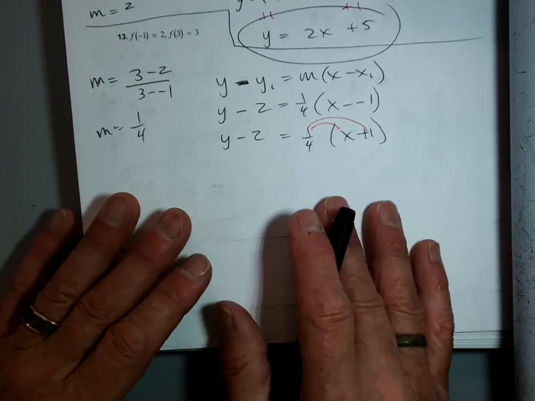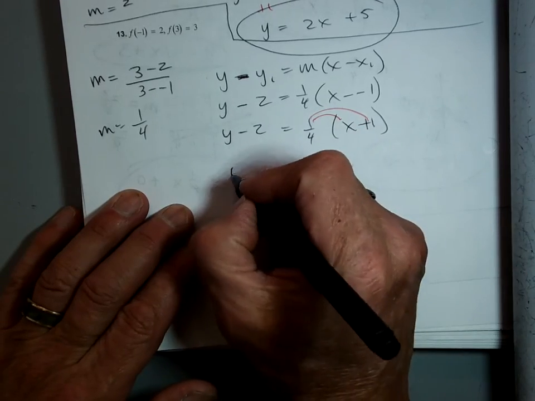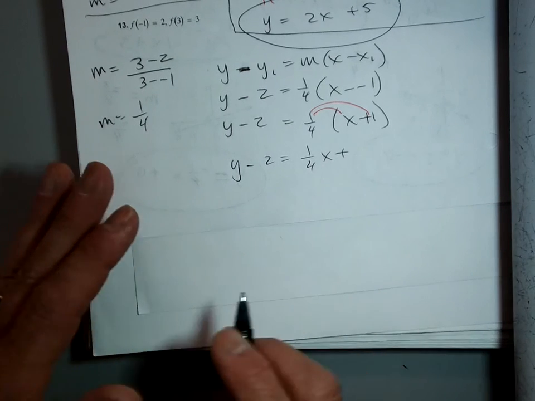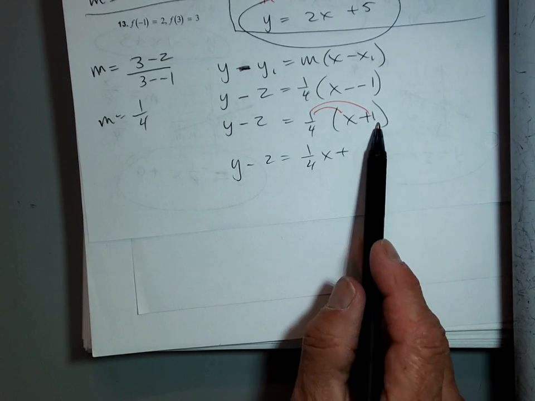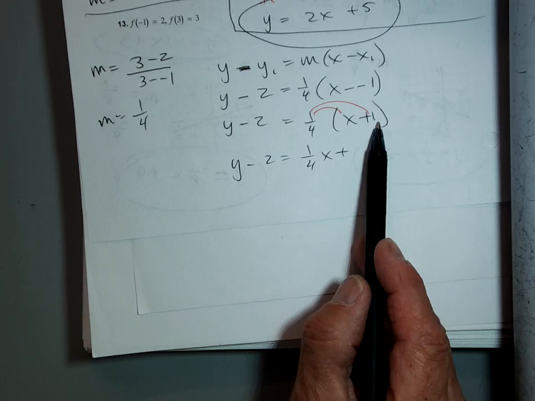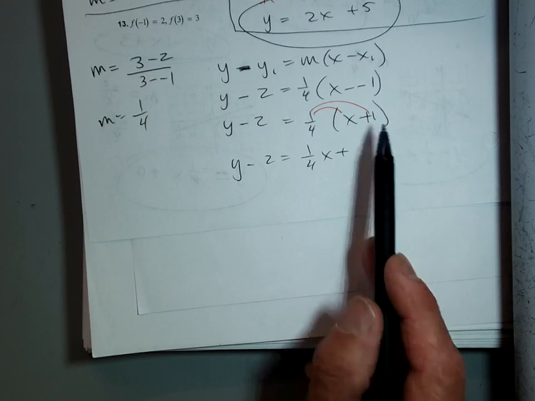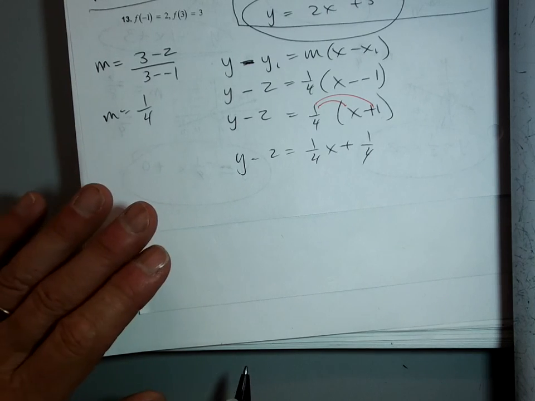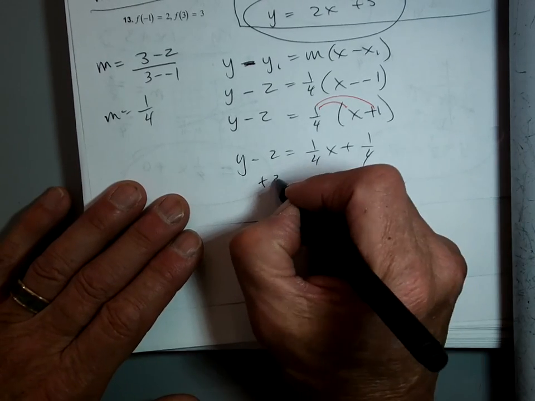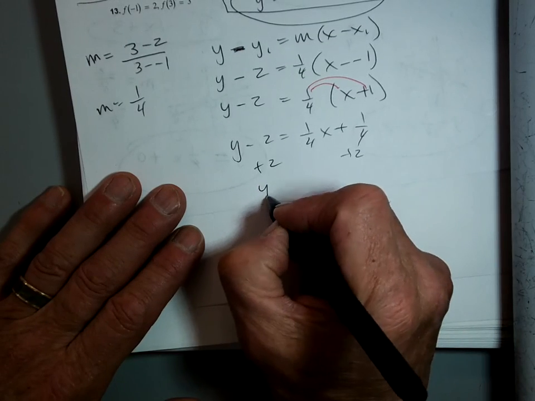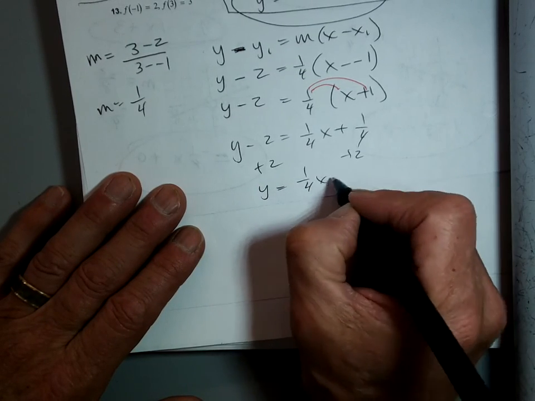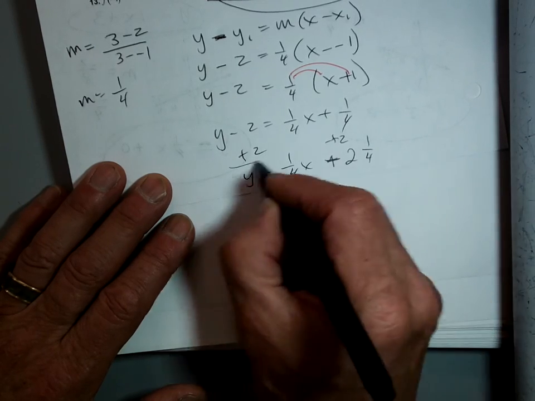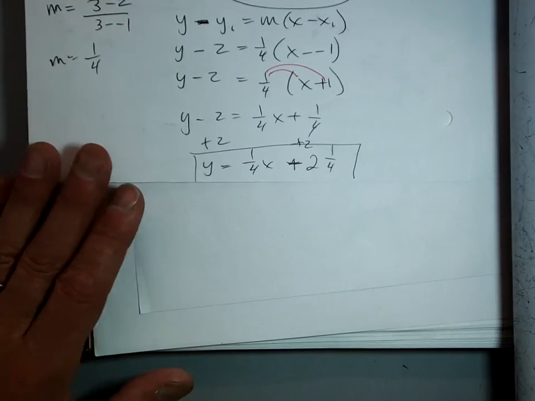I'm going to have a y minus 2 equals a 1/4 x plus, well, 1/4 times 1 is just 1/4. Plus 2, y equals 1/4 x plus 2 and 1/4. Okay, did anybody get this answer?